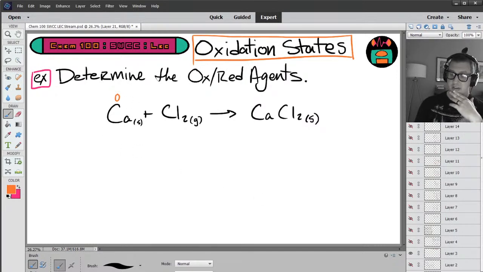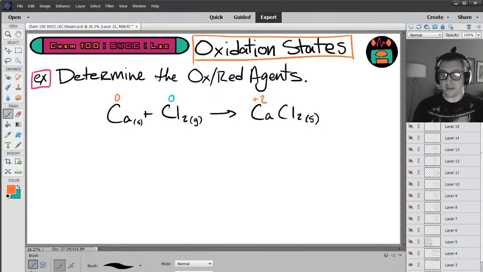Same can be said for chlorine, right? Oxidation state is 0 on the reactant side. Now for calcium chloride, calcium is a metal in the second row, right? So rule number 3 applies. Its oxidation state is going to be positive 2.